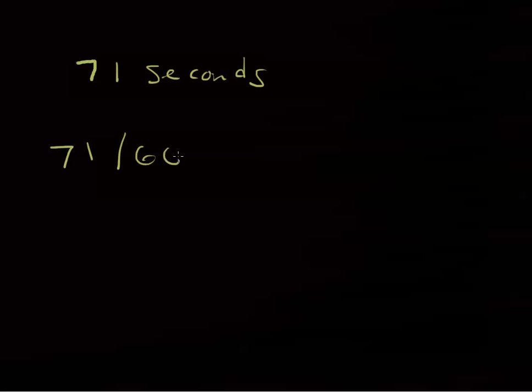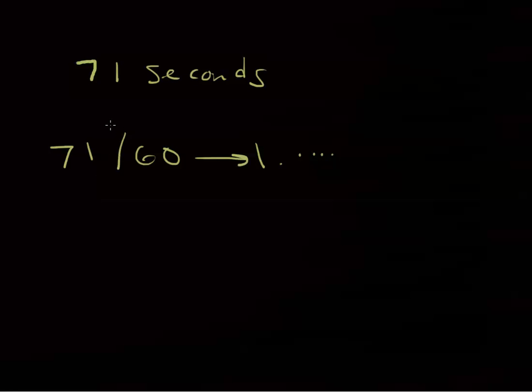But let's say I've got 71 seconds. And let's think about, all right, well, how do I figure out how many minutes are within that number of seconds? Certainly we think about dividing 71 by 60. And that would give 1 point something back.